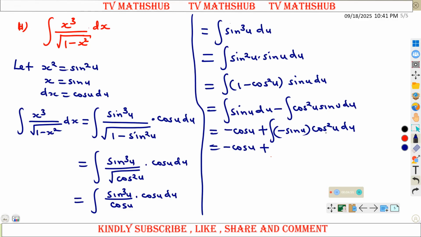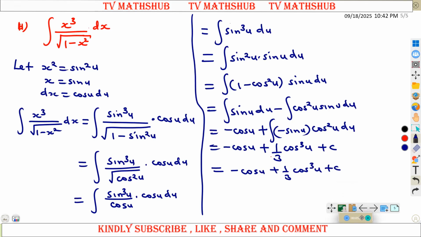The integration occurs in the expression that has a higher power, so long as what you have here is a direct derivative of this given function. So we integrate normally, increase the power divided by the new power, and that is cos to power 3 of u plus c. So that is basically what we have: negative cos u plus a third cos to power 3 of u plus c. So that is what we have as the integral of this given expression.